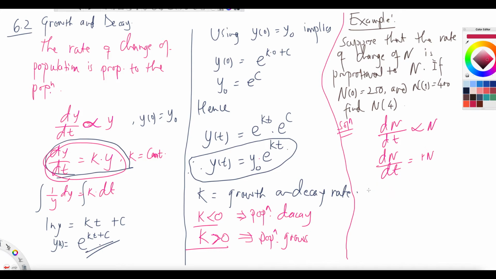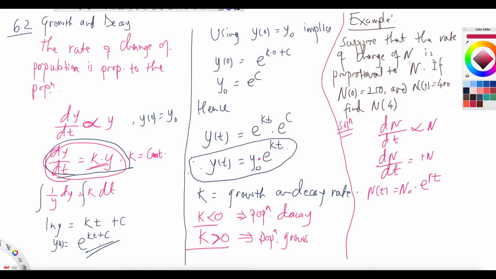But when you solve this, what is the formula for the solution? N(t) equals n at 0 times e to the rt. That's what you got, right? Because if the equation is dy over dt equals ky, then the solution is y(t) equals y0, the initial population, times e to the kt. Instead of k, we use r here. So n(t) equals n0 times e to the rt.